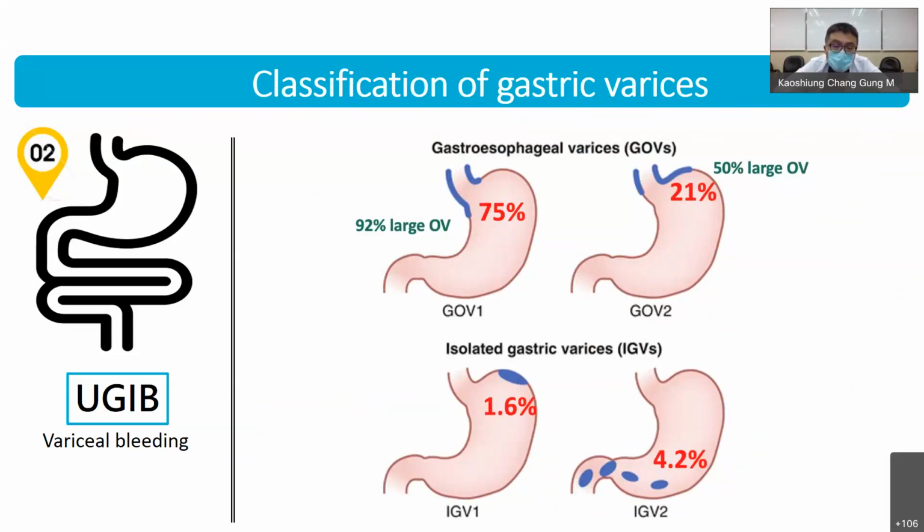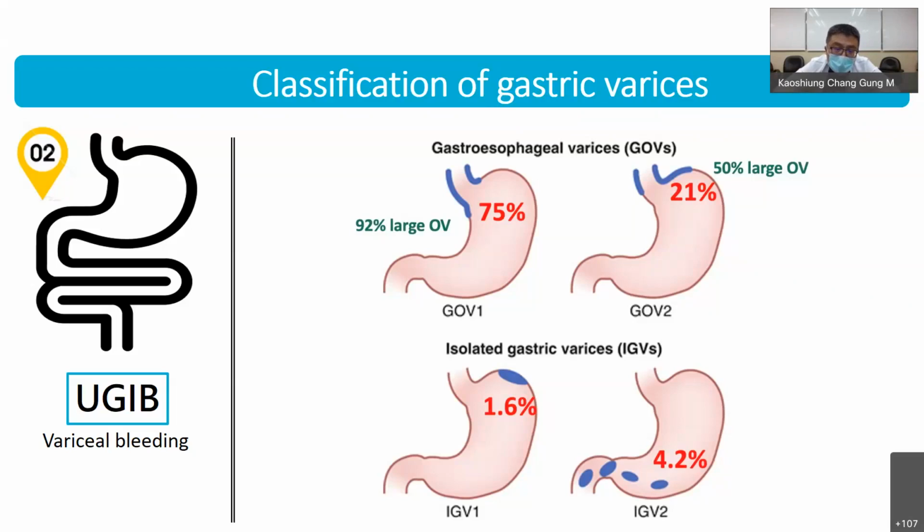The upper picture shows GOV. That means patients have both gastric varices and esophageal varices. The most common type is GOV1. That means the gastric varices originate from the lesser curvature of the stomach.